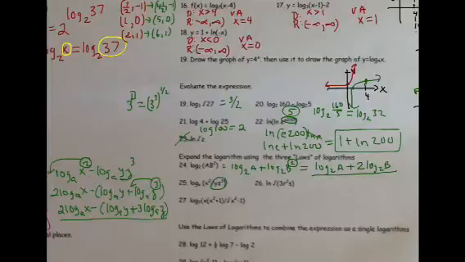For number 26, it's natural log of the square root of 3r squared s. Let me make sure I read it right. Yeah. So you can rewrite it like this: natural log of 3r squared s to the 1/2, like that, and distribute the 1/2 before you separate it.